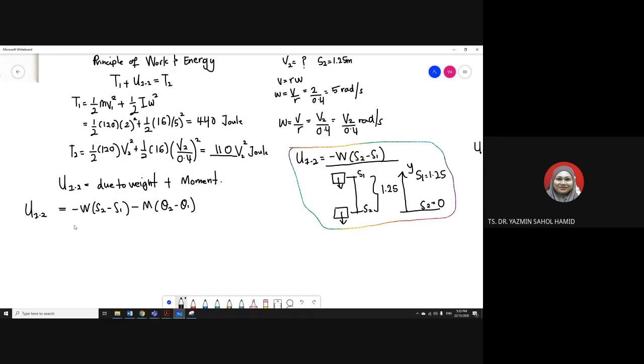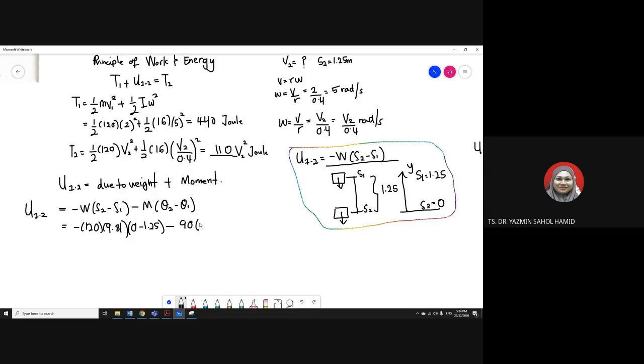Negative, where W is mg: m is 120, g is 9.81. S2 is zero, S1 is 1.25, minus M. M is given as 90. So theta 2 minus theta 1. We assume theta 1 is 0.